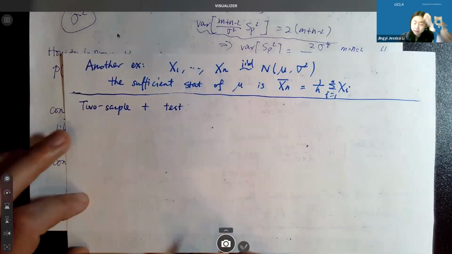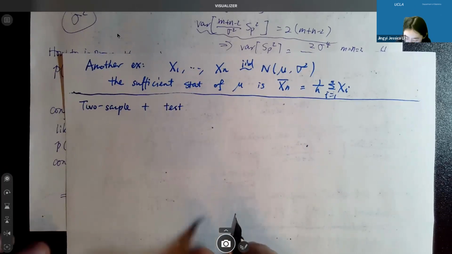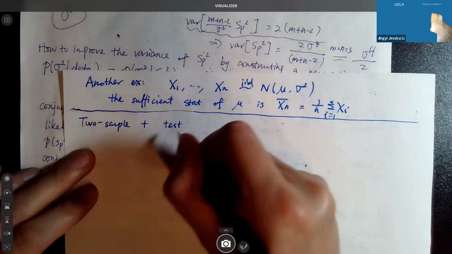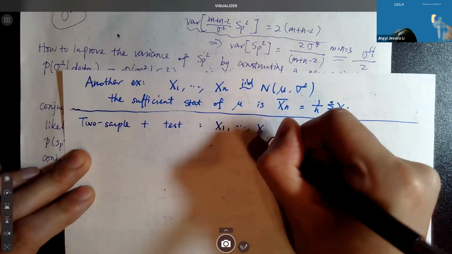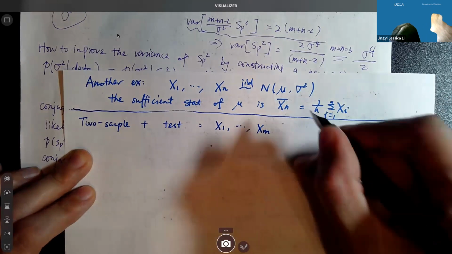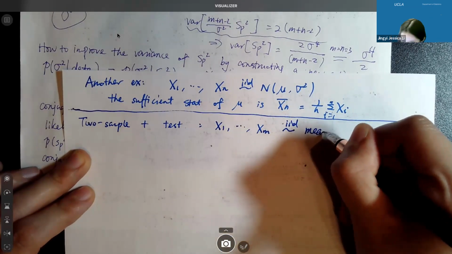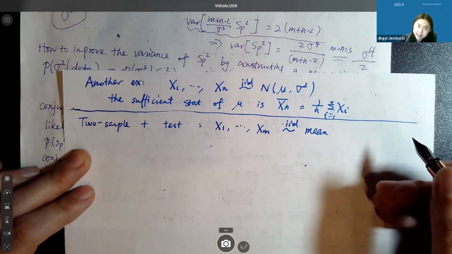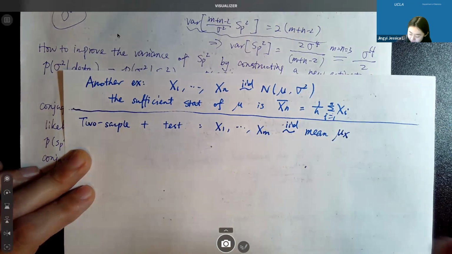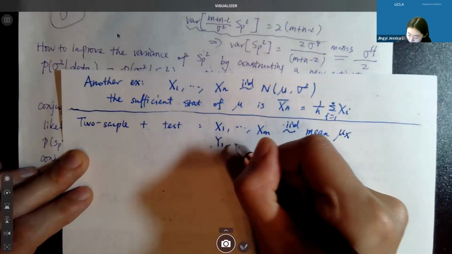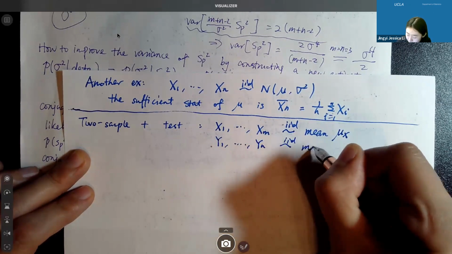Recall that we are testing a null hypothesis. Let me write that again. X1 to Xm are IID. I'm just trying to relax the normal assumption and say that they have a common mean mu x, and Y1 to Yn are IID with common mean mu y, right?